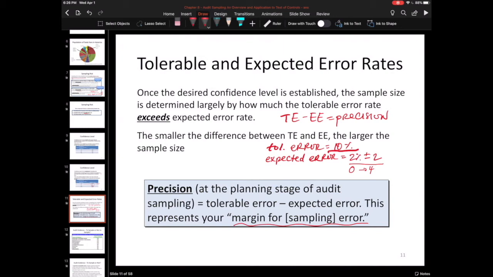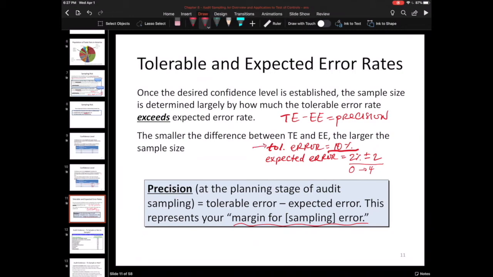And so basically what that translates to in this scenario is you'd be okay with a smaller sample size, because you can get away with a smaller sample size and you'd still feel comfortable that you're finding a representative sample.